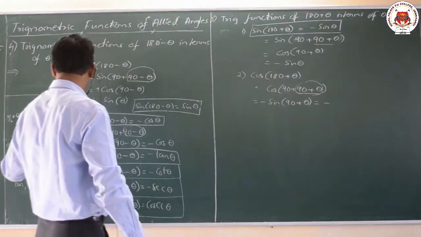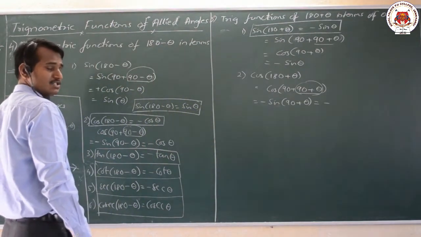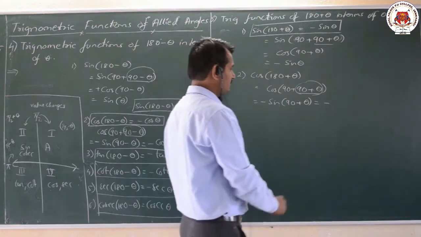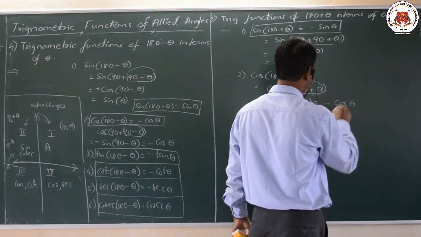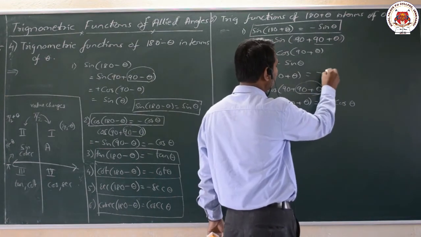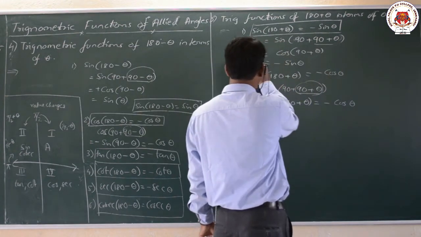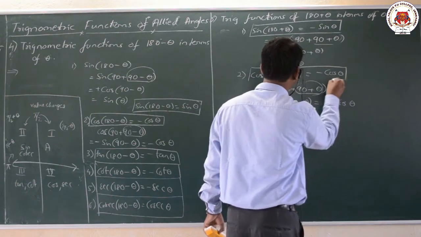It comes in the second quadrant, where cos changes to sine of 90 plus theta, and in the second quadrant cos is negative, so it is minus sine of 90 plus theta. Sine of 90 plus theta comes in the second quadrant, sine changes to cos, and sine is positive. So we get cos theta, and the value is minus cos theta. This is our required thing.